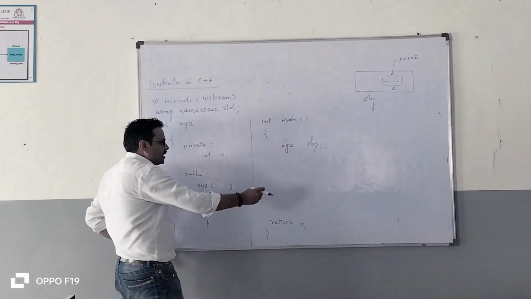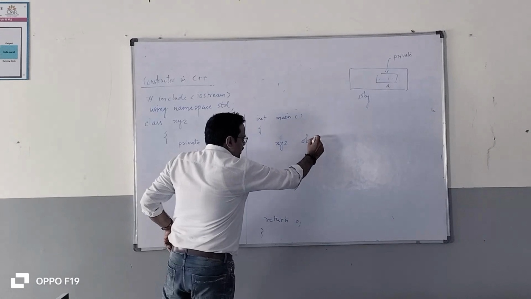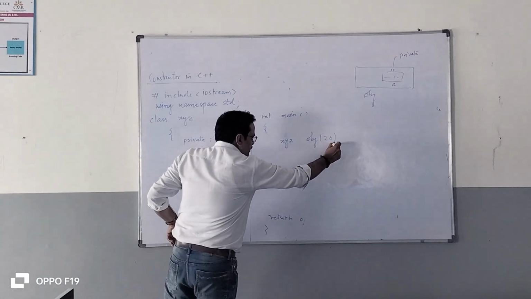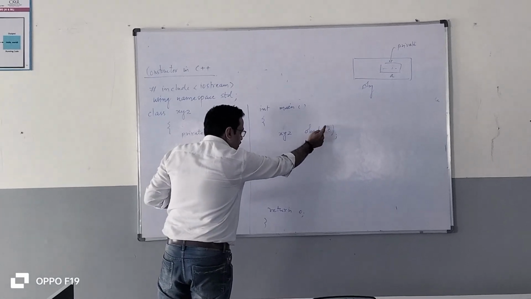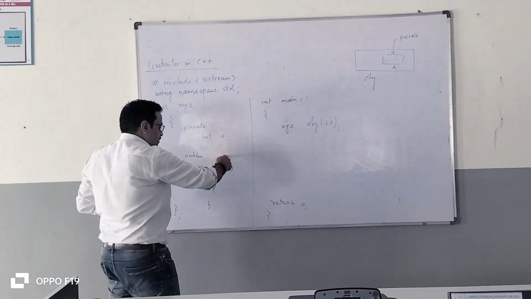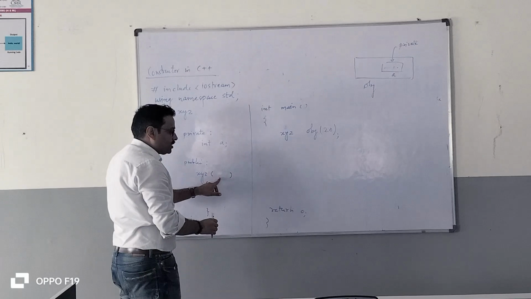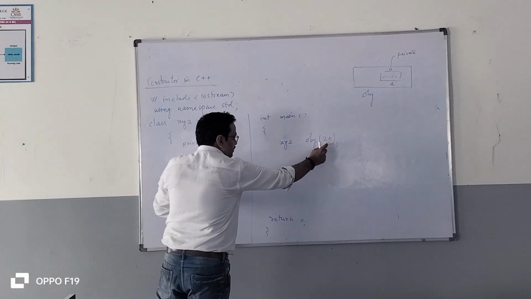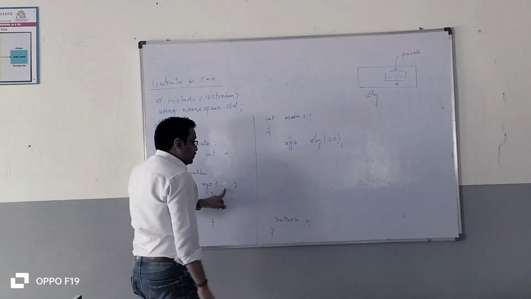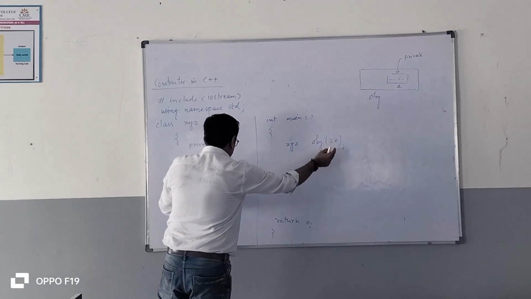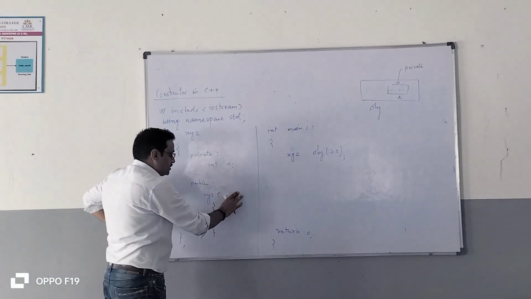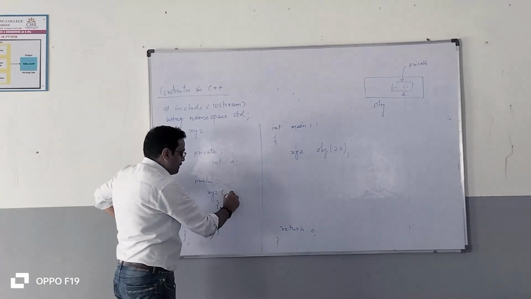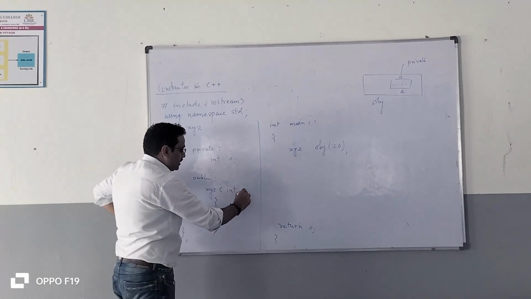Let's say I want to pass value as 20. 20 is an integer number. So here, during the creation of this object, the control will automatically come to this constructor, and this constructor should be compatible as per the definition of this object. Now look here, we are passing an integer value, so there must be a parameter here that should be receiving an integer value. So I am taking a variable here, let's say int m.